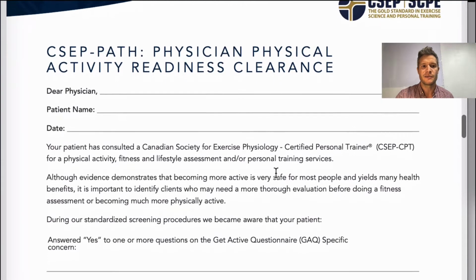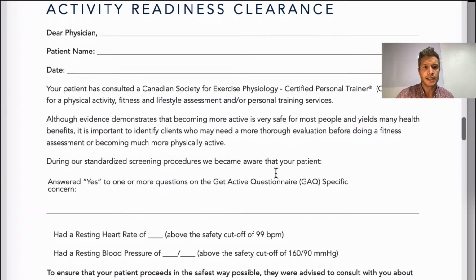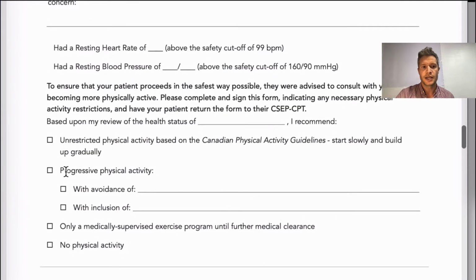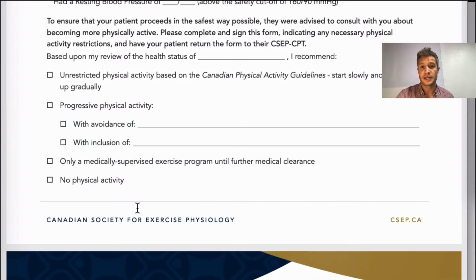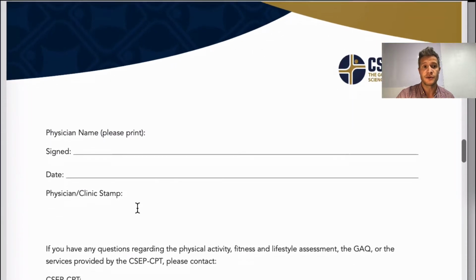But most of the time they'll do their own screening and make sure they're not missing anything, making sure people's medications are adequate for when they start exercising. And then they sign this through. Again, with progressive physical activity, they'll give their specific guidelines, and then you, as a kinesiologist or exercise physiologist, follow that.